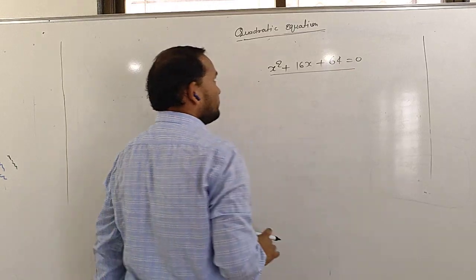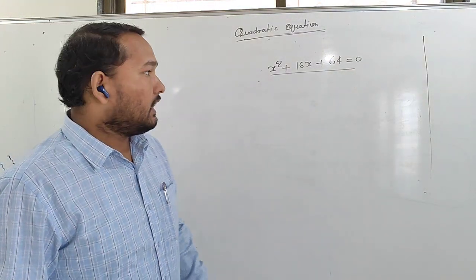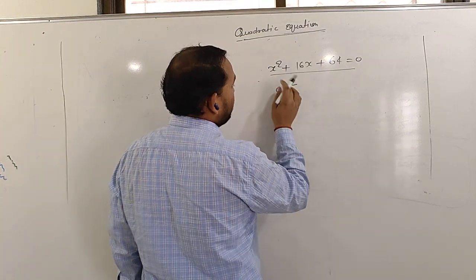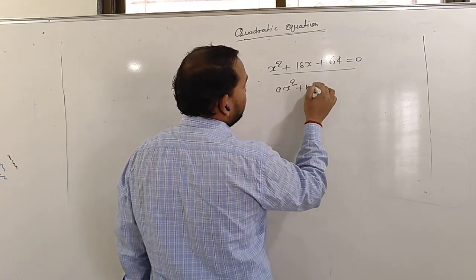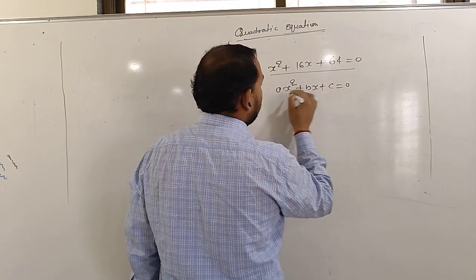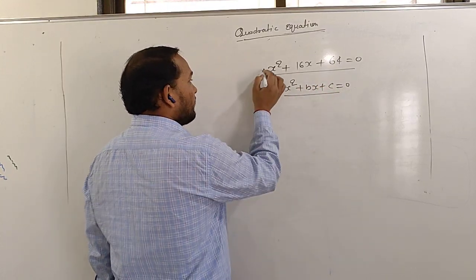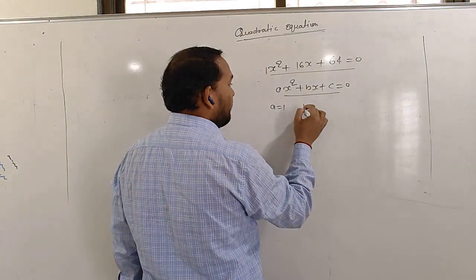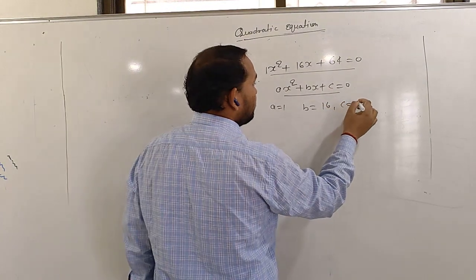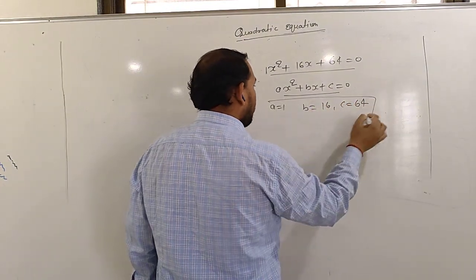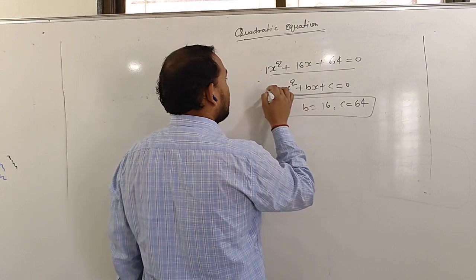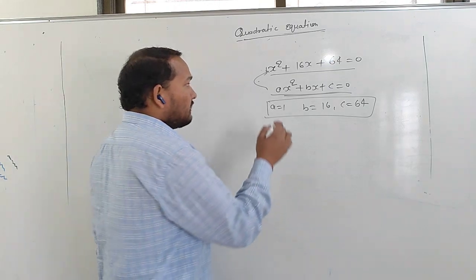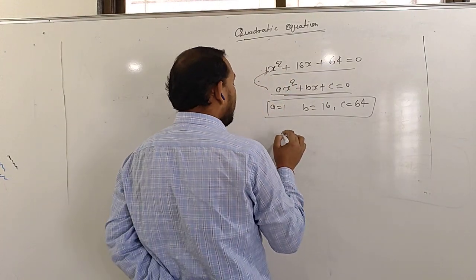This is a quadratic equation, and we compare it with the general form of the quadratic equation. Then the coefficient is 1, so a equal to 1, b equal to 16, and c equal to 64. Then we compare the given general form with the question, and in the question we find the nature.